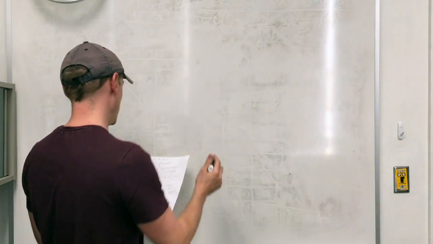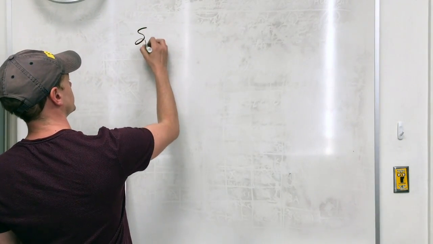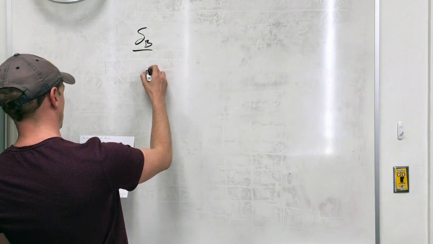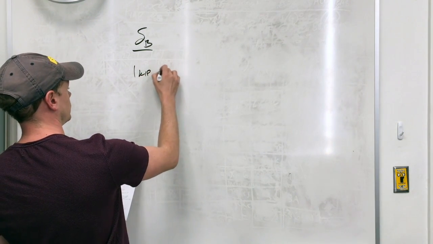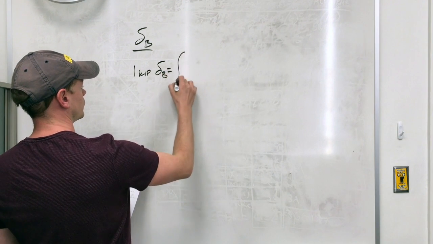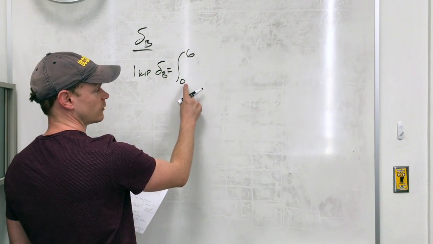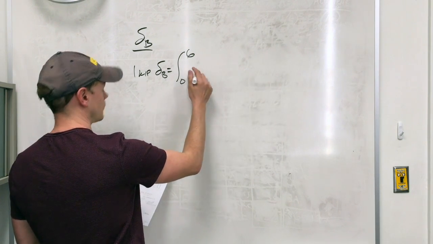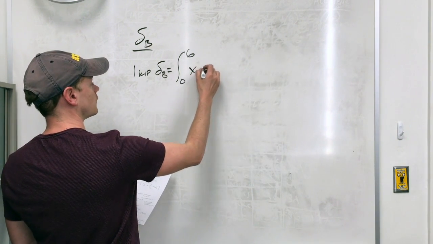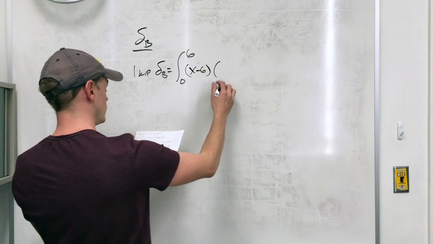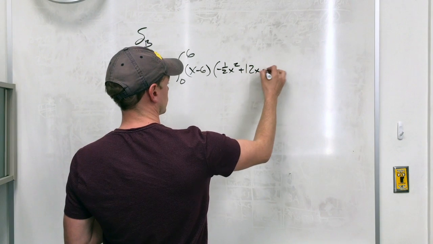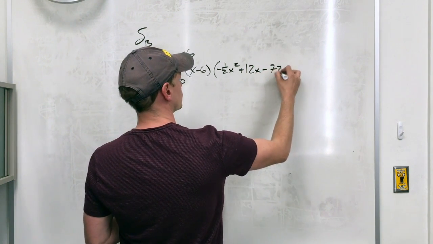Okay, so now we're going to find delta B using the equation that was written down here a minute ago. So I have 1 kip times delta B is equal to the integral 0 to 6. Remember I said from 6 to 12, MQ was 0, so I'm not going to bother writing it. x minus 6 times minus 1/2 x squared minus 72.